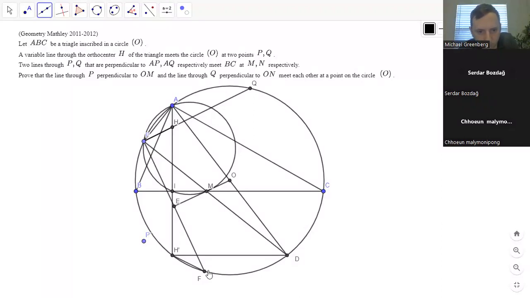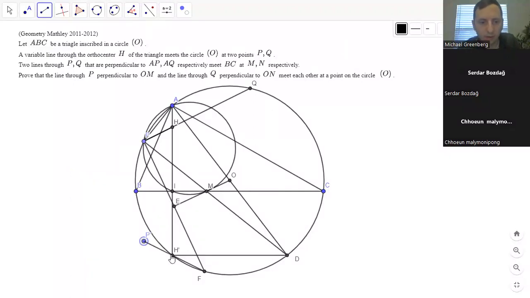We want to prove that angle PHH prime equals OMD.